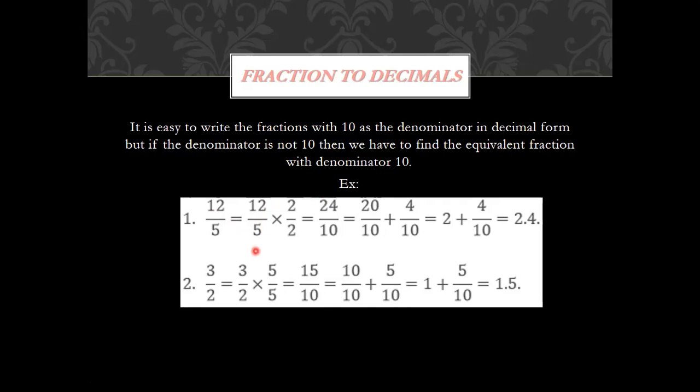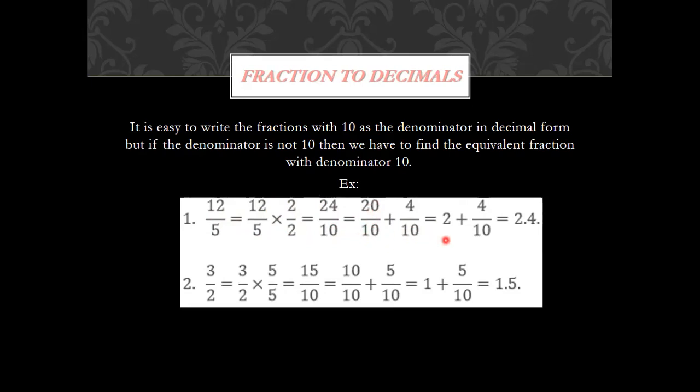To get the denominator 10, 5 has to be multiplied by what number? 5 twos are 10. The numerator also you have to multiply by the same number. So 12 into 2 by 5 into 2: 12 twos are 24, 5 twos are 10. So you will get 24 by 10, which you can write as 20 by 10 plus 4 by 10. 20 by 10 means 2.